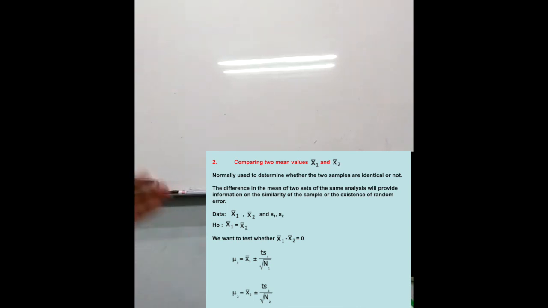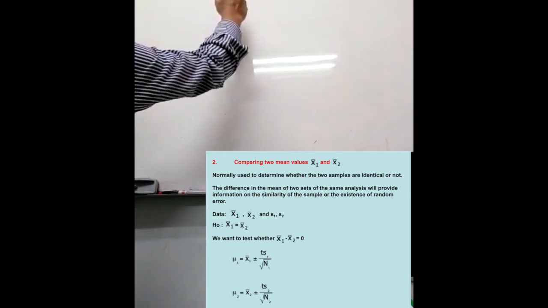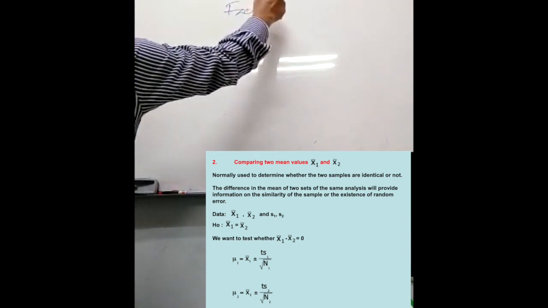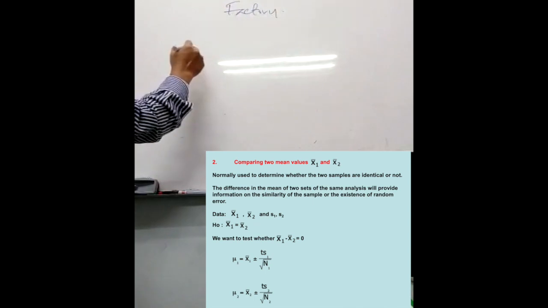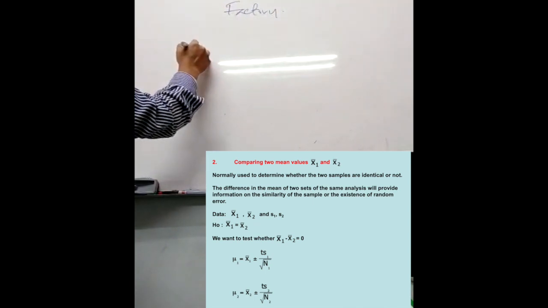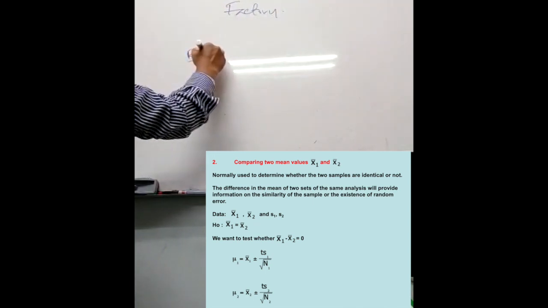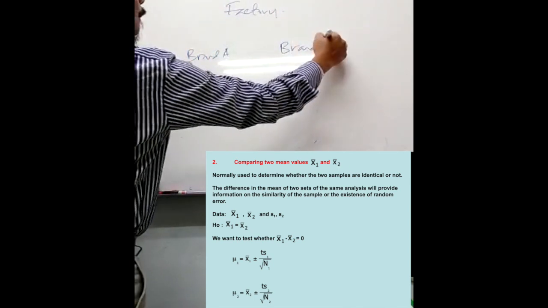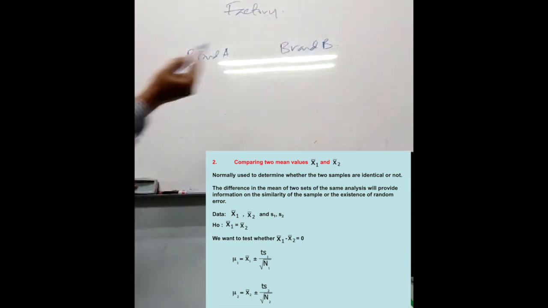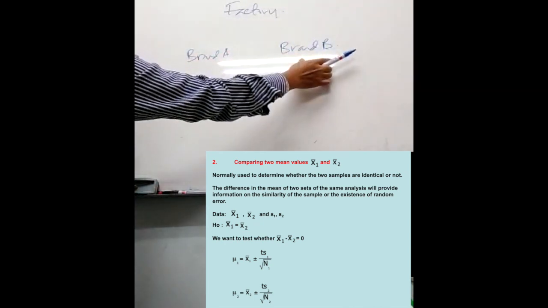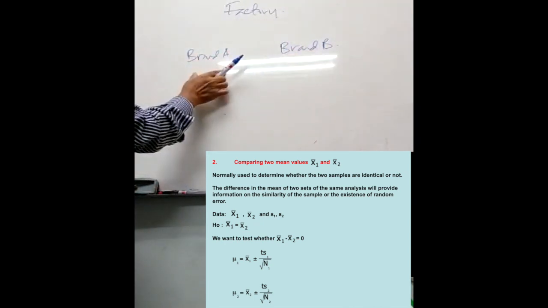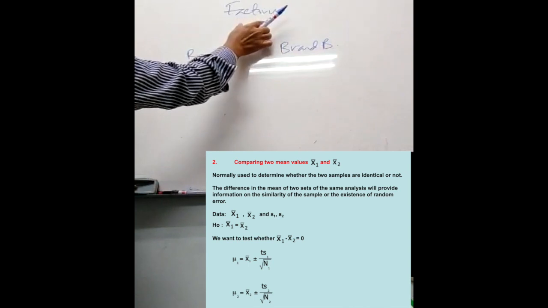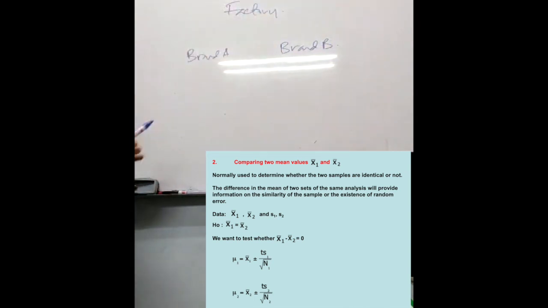the same source. For example, let's say this is the factory, and then we have brand A and then brand B. We believe brand B and brand A actually came from the same factory.